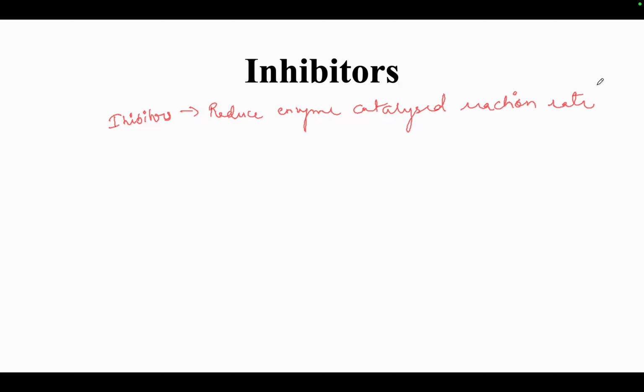So there are different classes of inhibitors. These are divided essentially based upon two classes, whether they bind to the enzyme either irreversibly or reversibly. So inhibitors can either bind reversibly or they can bind irreversibly.